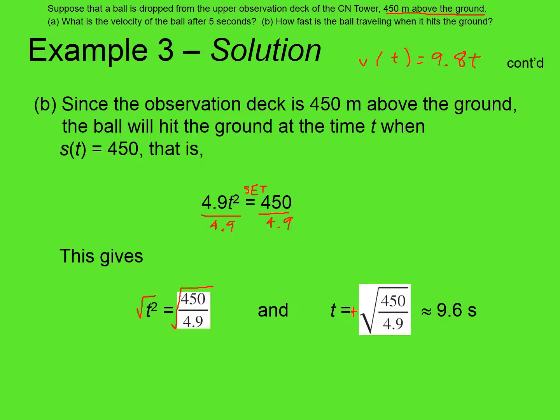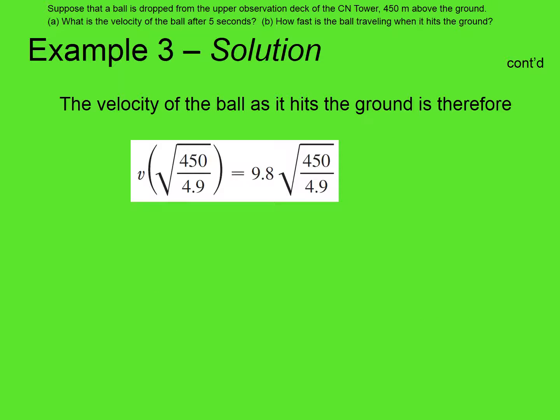Well, now we've got a velocity function that can deal with that. And we'll know the velocity, or how fast the ball is traveling, when it hits the ground. So throw that number that we got, which is this square root here, into the velocity function, right?